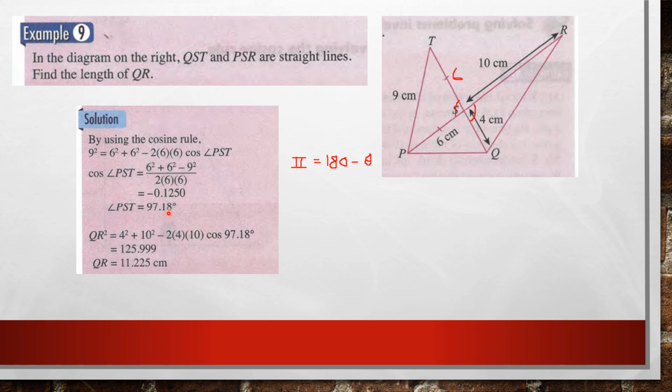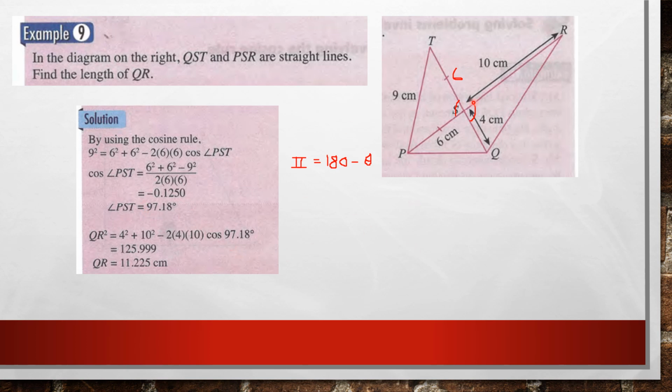Or if you use shift cos with the positive value 0.1250, you have to do 180 minus the angle that you get. But in your calculator, you can just press shift cos negative 0.1250 and straight away get the answer for the second quadrant, that is 97.18. You can try now.